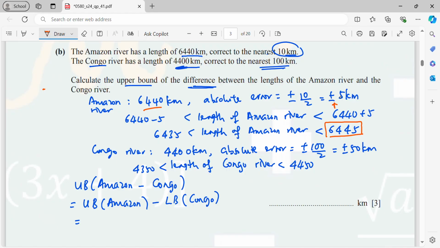The lower bound for the Congo River is 4350. So here I will get 6445 minus 4350. Then you will be getting 2095. So that is the solution of this question.